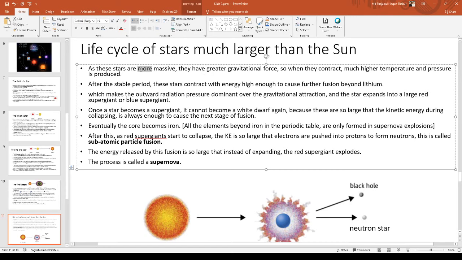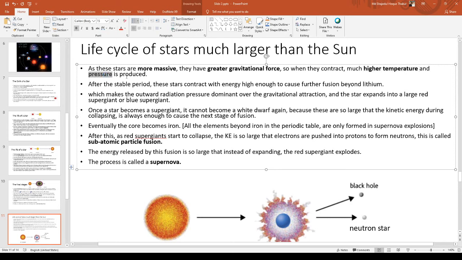I'll make some things bold. So when they contract, much higher temperature and pressure is produced, right?